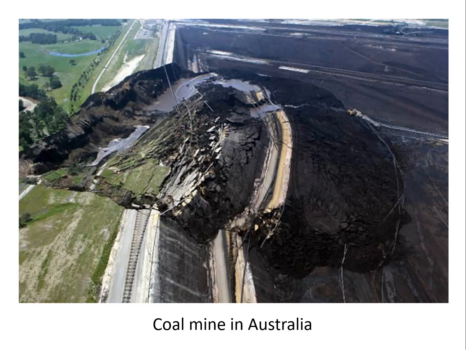So let's look at just a few images of different kinds of slides. This is a coal mine in Australia. You get a lot of slope failures in mines because there's an incentive to make a steep embankment to get at the ore, and they try to cut it as close to the edge as they can, and sometimes it gets out of control and they get a slope failure.